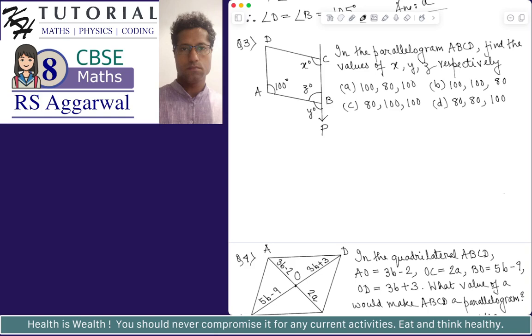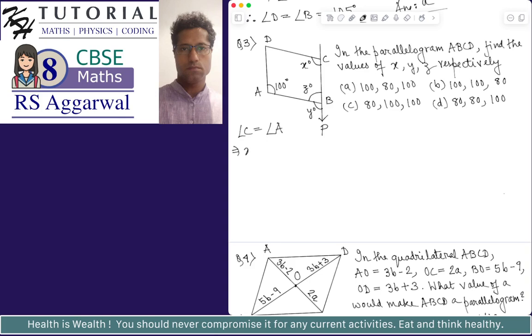Okay, so we know that angle C will be equal to angle A since they are a pair of opposite angles. In a parallelogram, both pairs of opposite angles are equal. That is, angle A will be equal to angle C and angle D will be equal to angle B. Angle C has been labeled in the diagram as x.